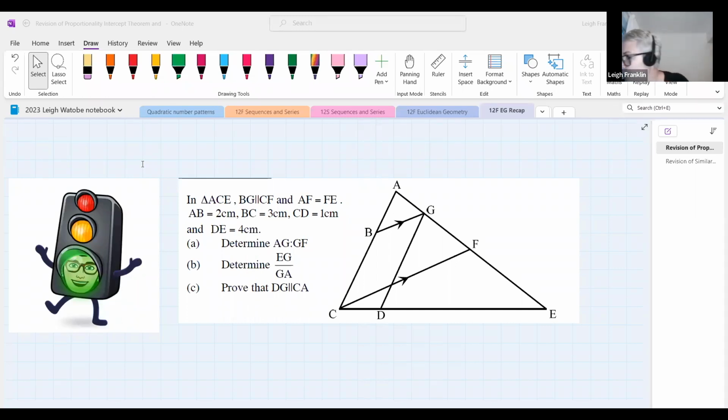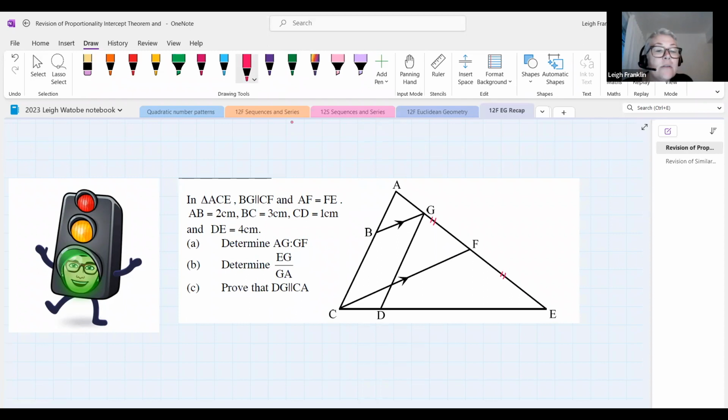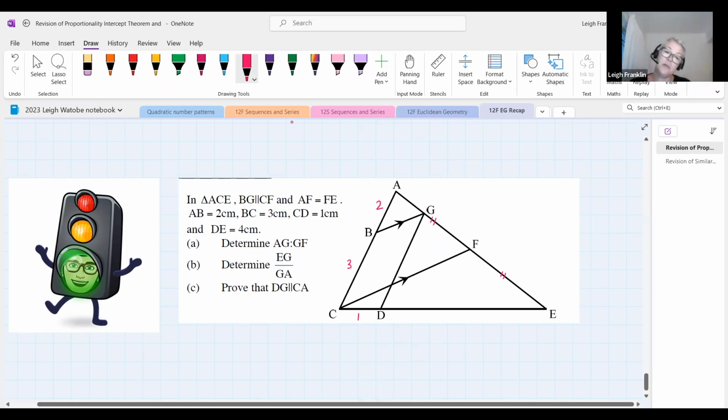What I'm going to do is assist and put the information that's not on the diagram as well. They've given us BG parallel to CF. They've told us AF equals FE. AB is 2 centimeters, BC is 3 centimeters, and CD is 1 centimeter.